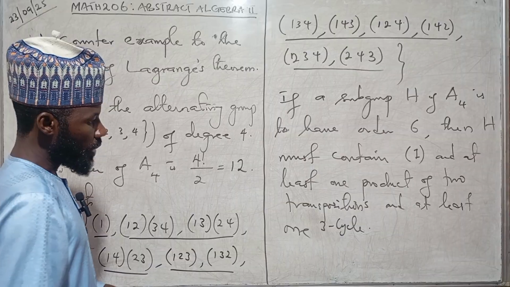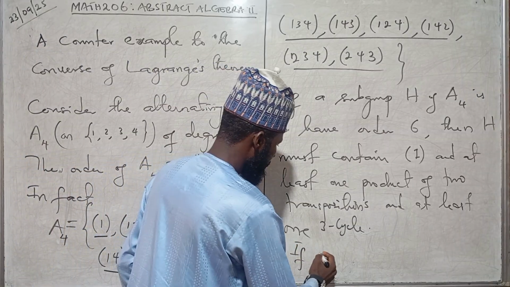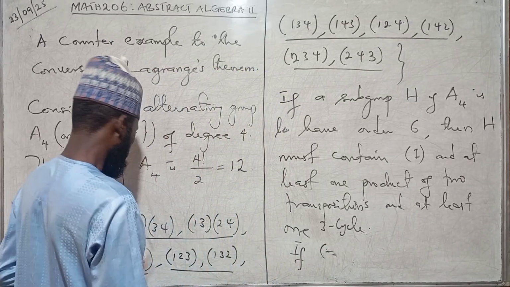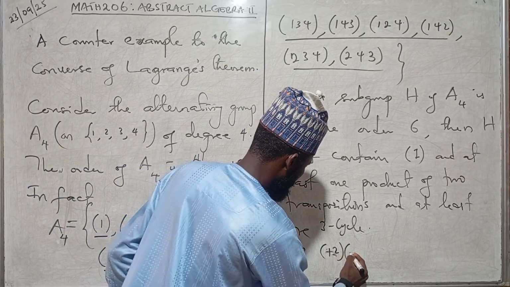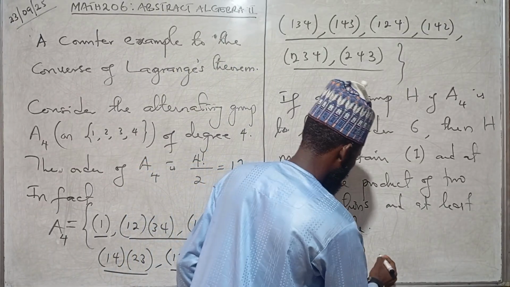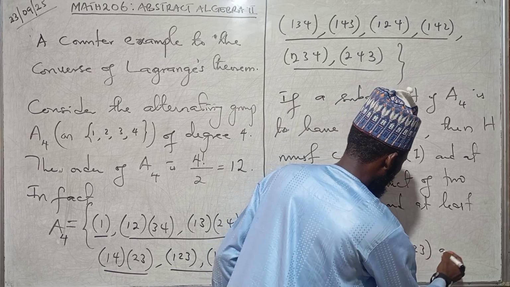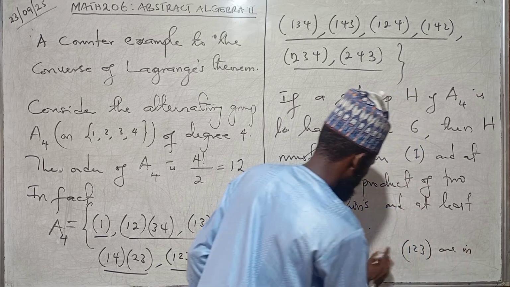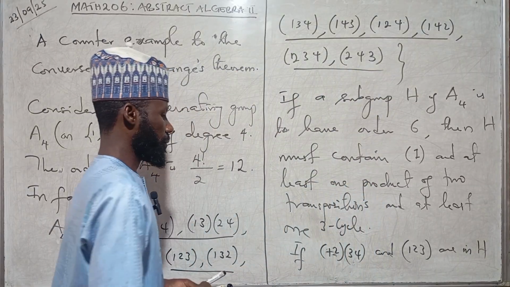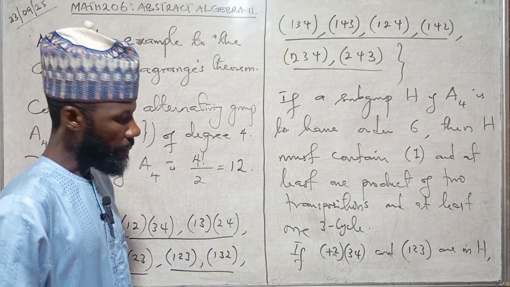So now, if we assume that we pick (1 2)(3 4), you can take any one of them, it doesn't matter, and (1 2 3) are in H. So if you take these to be in H, then what will happen?